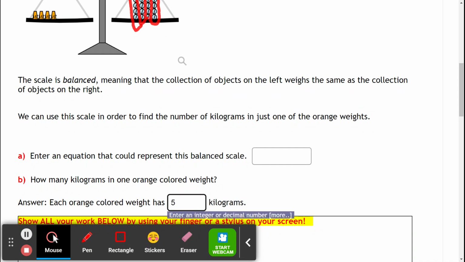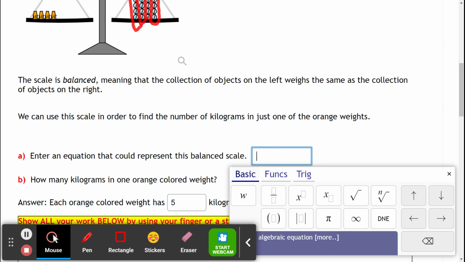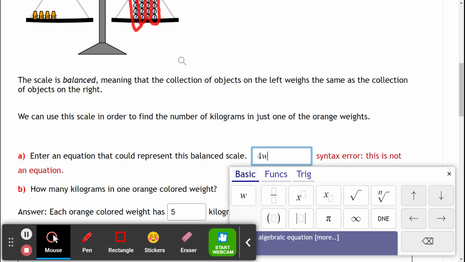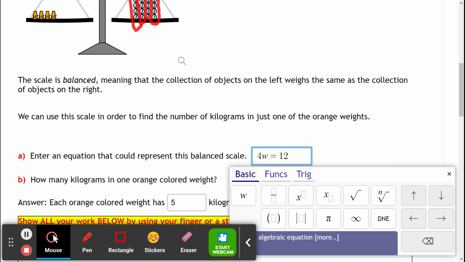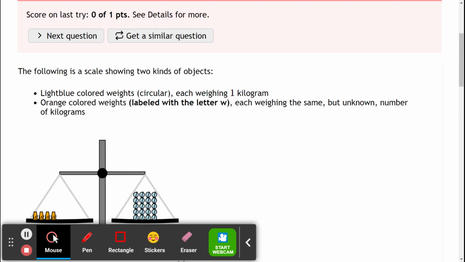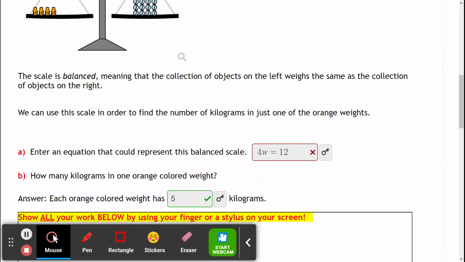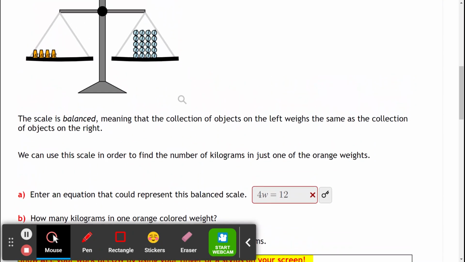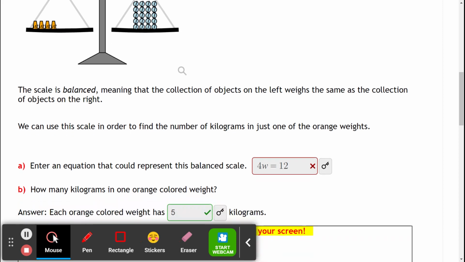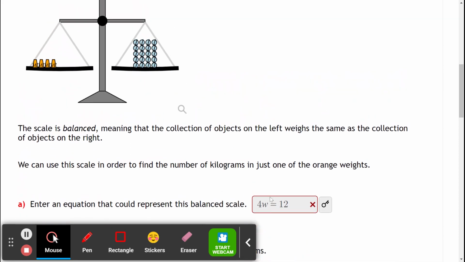At first we had 4 W's, and that was equal to all of those little weights, which is 12. Oh, what mistake did I make here? 4W equals 12? No, it was 5. It's not 12.